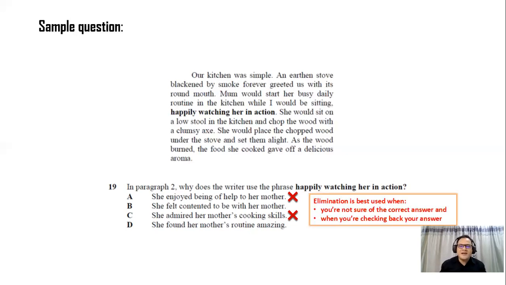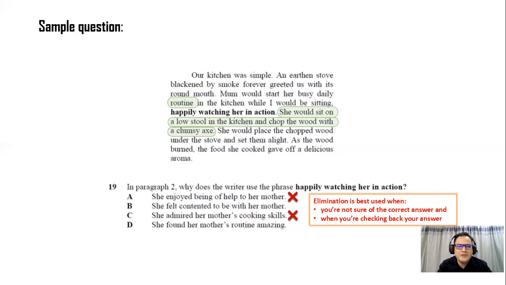So the elimination strategy is best used when you are not sure of the correct answer and also when you are checking back your answer. So we are left with the options B and D. If you look at the paragraph, we can find the word routine there, and then a description about the routine.